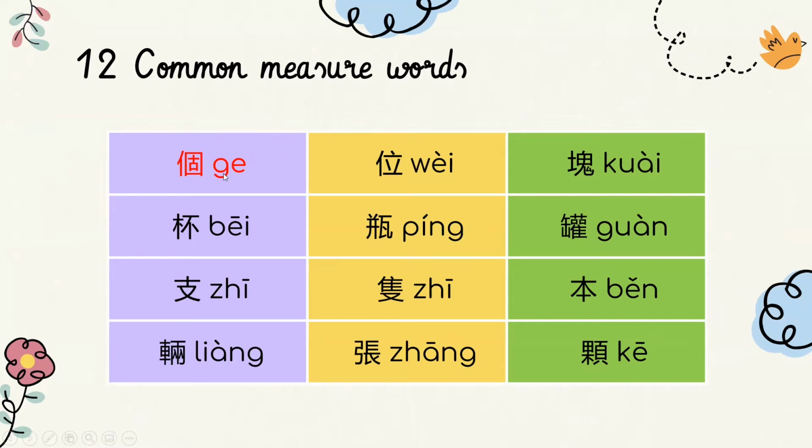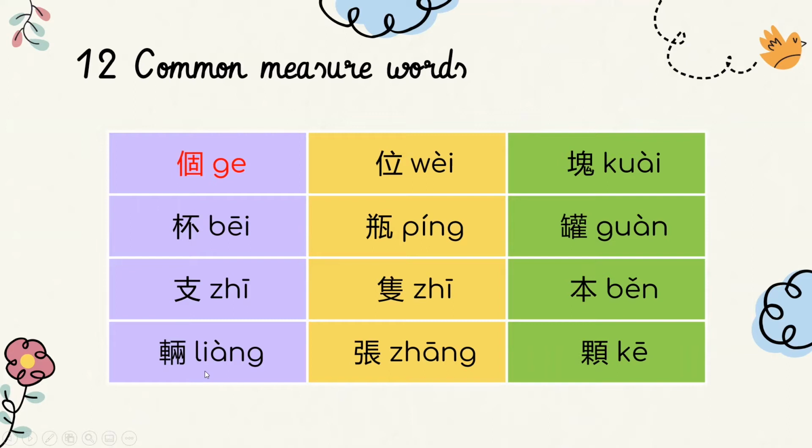个, 杯, 枝. Remember, we see the H here, which means you have to curl your tongue when you pronounce 枝.